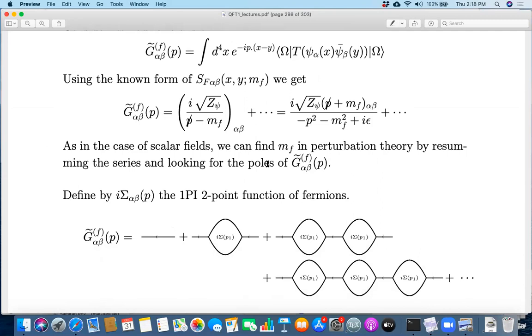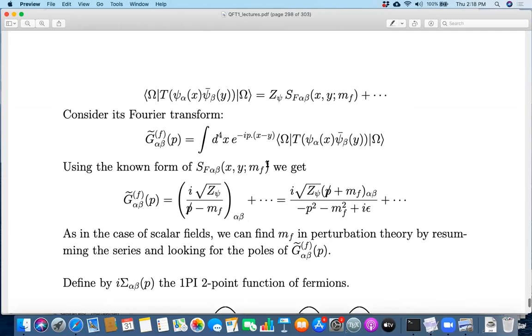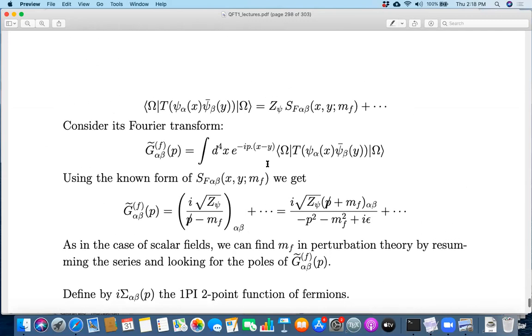Also, I'm a bit unsure how we are supposed to determine this normalization Z. Basically, you determine the normalization Z by calculating the residue at the pole. We know how to resum, right? You have to expand around p square equal to m_f square, or p square equal to minus m_f square. In the scalar field theory also, you had this sigma, we resummed and wrote it as 1 over p square plus m square minus sigma.